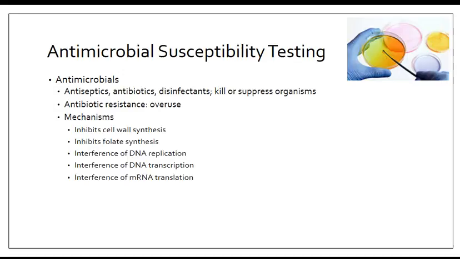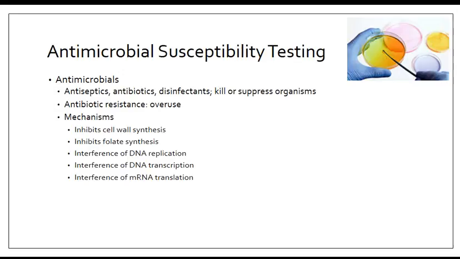The antibiotics work all in different ways. They're set up into different classes, and they're in those classes according to how they work. So the mechanisms are the different things that they do.